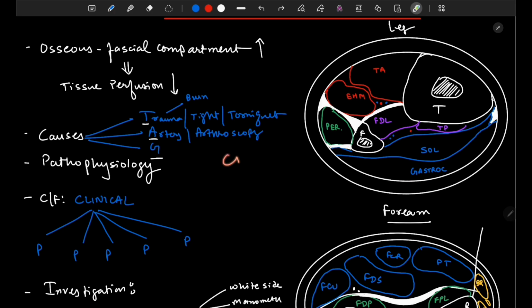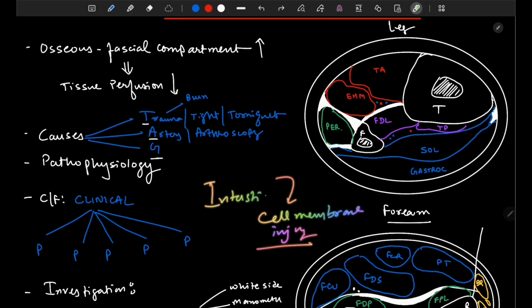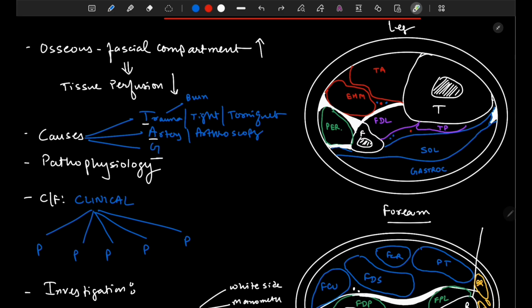This causes release of vasoactive substances, which can further cause cell membrane injury. The cell membrane injury can cause increased interstitial edema, which further increases the tissue pressure.